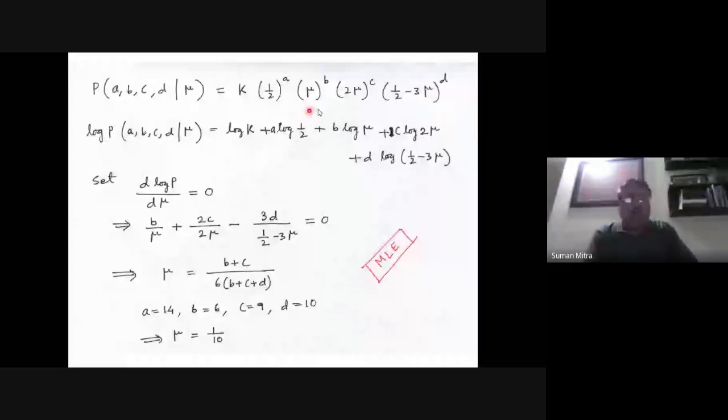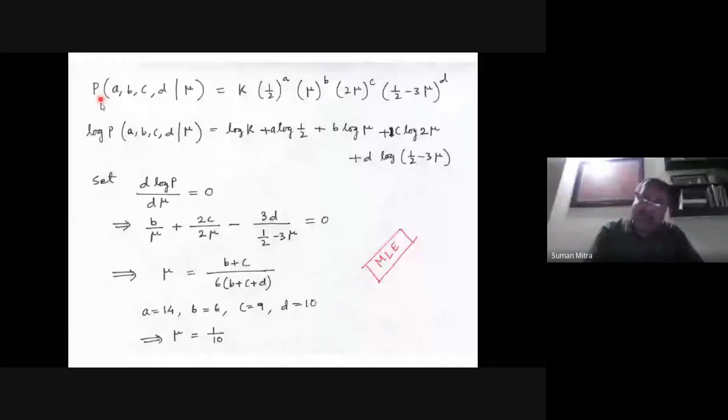So log of k plus A log half plus B log mu plus C log twice mu plus D log half minus 3 mu. And what we need to do? We need to find out mu, the parameter. So we take the maximum of this likelihood, that is called ML, maximum likelihood, or if we use log, the maximum of log likelihood.